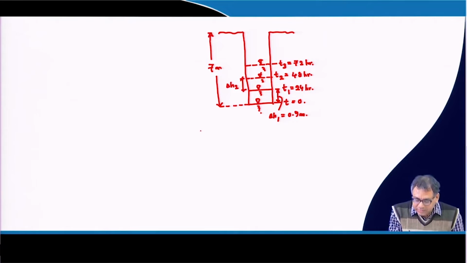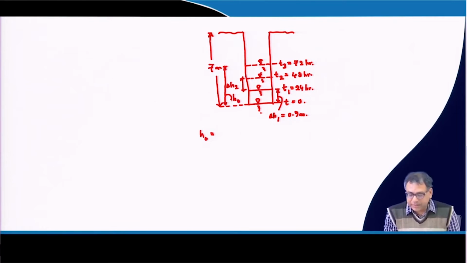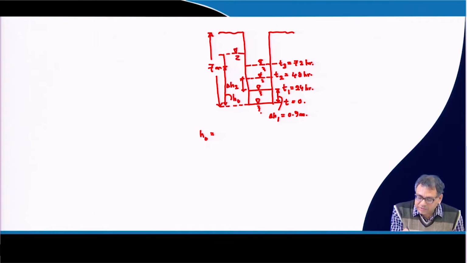Okay, so now we will get h 0, which is from the base to the water table position. Suppose this is the water table position, so this is h 0, the water table position from the initial water position at the borehole.